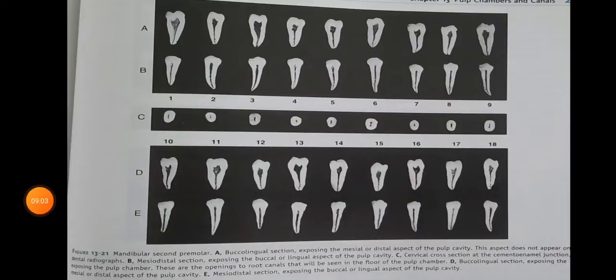Let's discuss the mandibular mesodistal section. In figure 13.21 B and E, the mandibular second premolar is very similar to the mandibular first premolar, except that the overall dimensions of the second premolar are slightly larger.